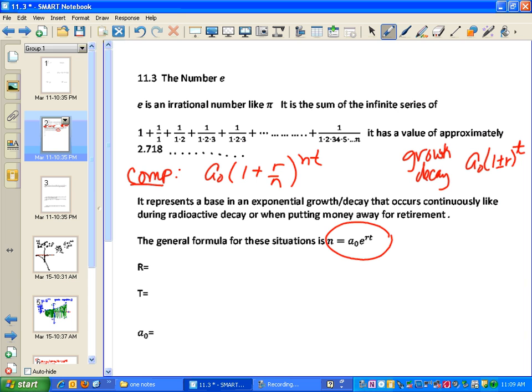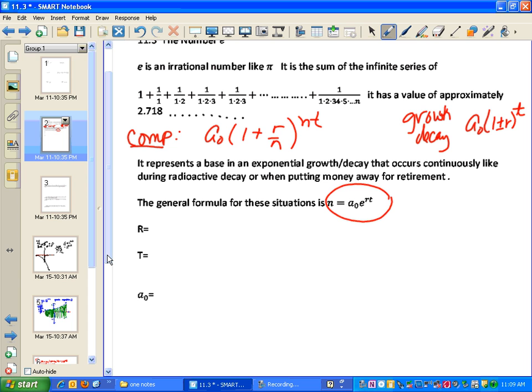All right, so then we're going to identify these values. What's r going to be? Your rate. t is your time, and A sub naught is your beginning amount.